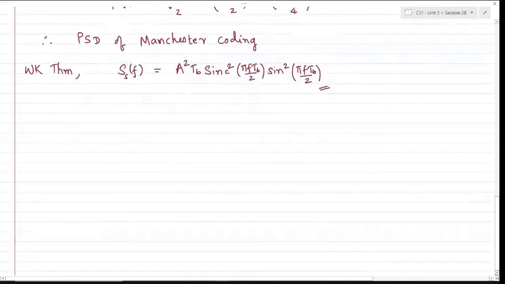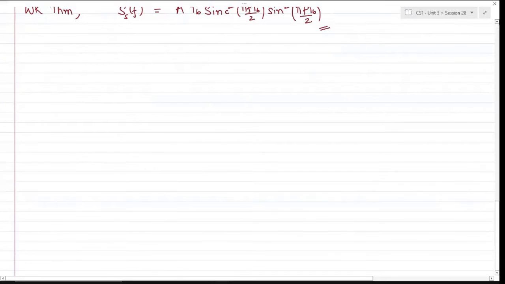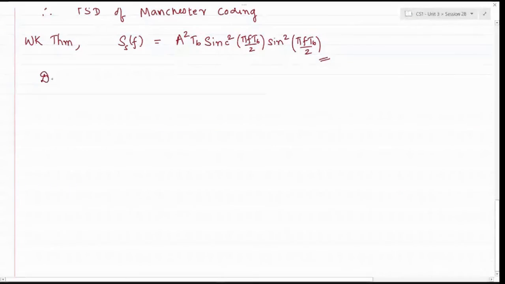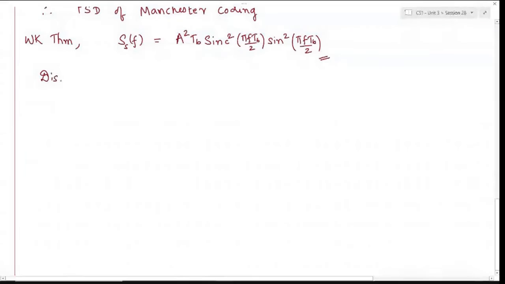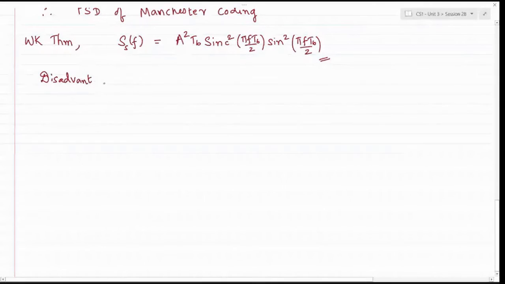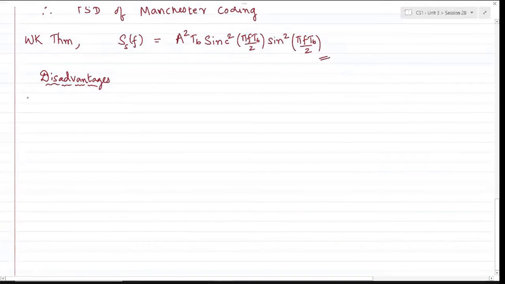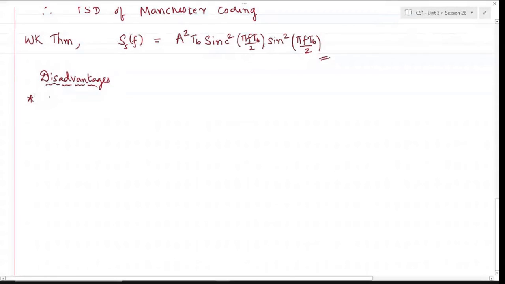So our job is to list a few properties and the advantages or disadvantages of this kind of line coding scheme. First I'll list the disadvantages, then I'll talk about the pros of this. The drawback, or the cons, of this scheme is with respect to the bandwidth.